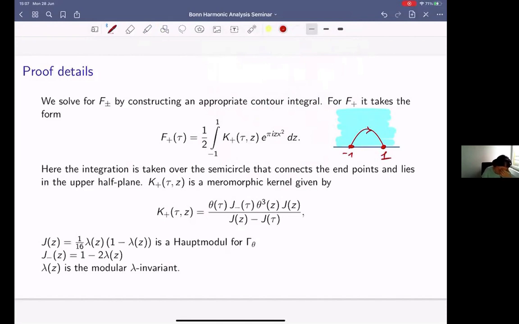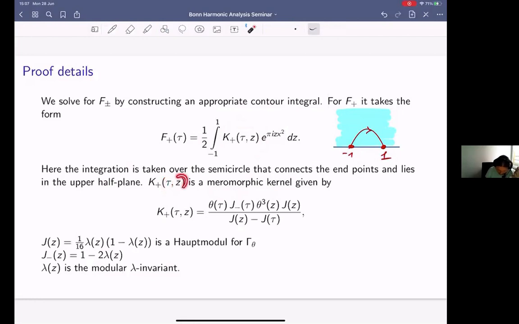And so here we choose a function k. It has to be a meromorphic kernel, and this kernel has the following properties. It behaves like a modular form of weight 1/2 with respect to the variable tau.